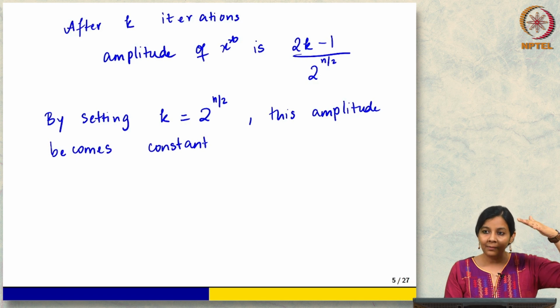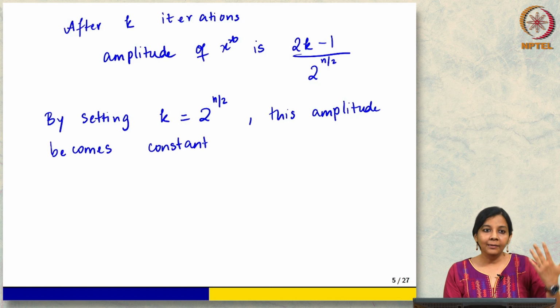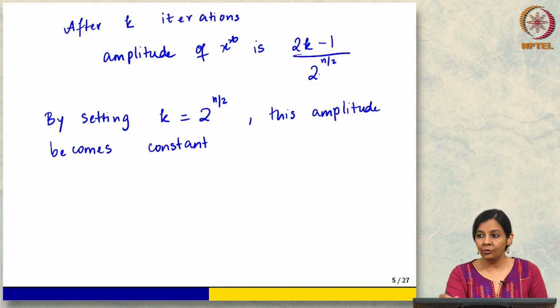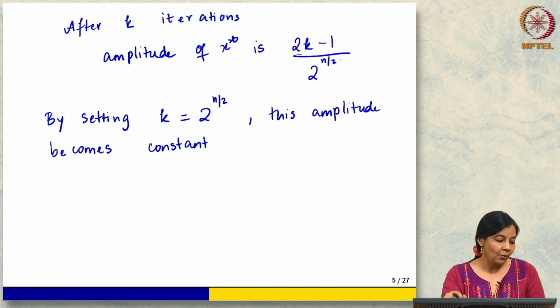The others decrease very slowly, and the hope is that after a sufficient number of iterations, I am going to get something which has constant amplitude. Remember, the denominator is 2 to the n over 2. So if the numerator is roughly 2 to the n over 2, then I start getting a constant probability, and once I have a constant probability, I can repeat the experiment many times and hope to get a pretty good probability. Okay, so this is going to be the idea.